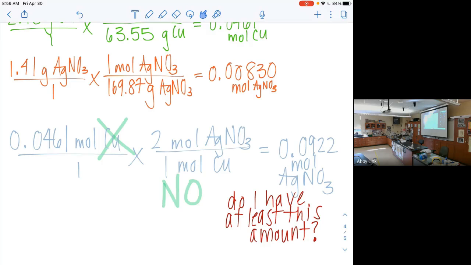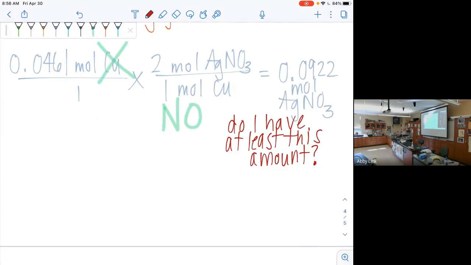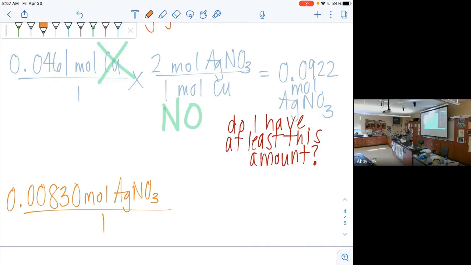Okay, so now I need to try the opposite, right? I need to go from my 0.00830 moles of AgNO3 and see if I have enough copper to react with that.